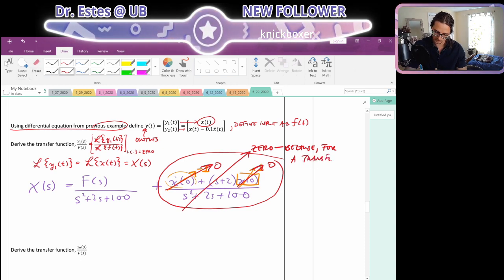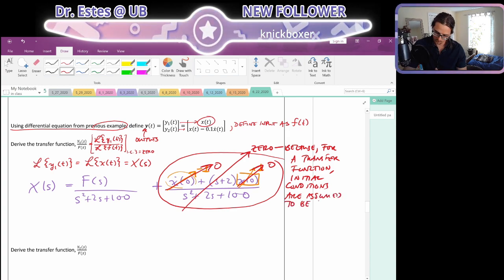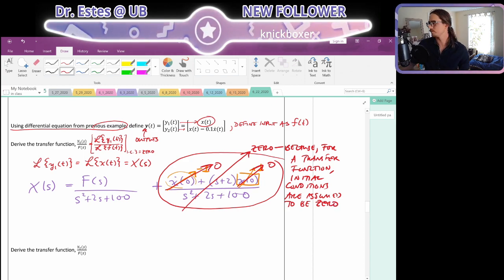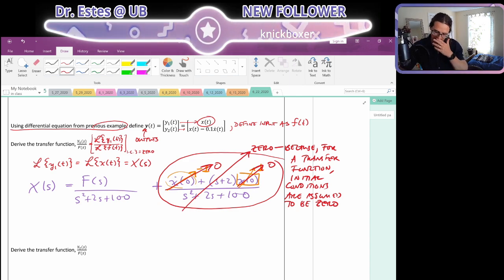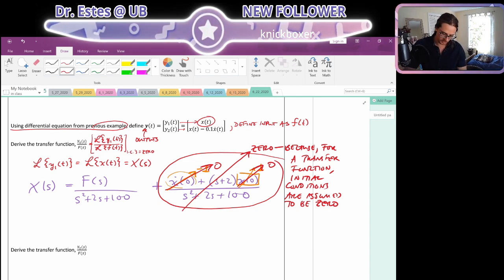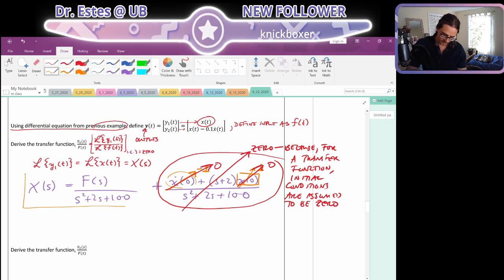For a transfer function, initial conditions are assumed equal to 0. So we're just going to be left with this.